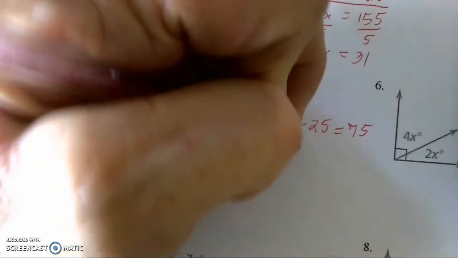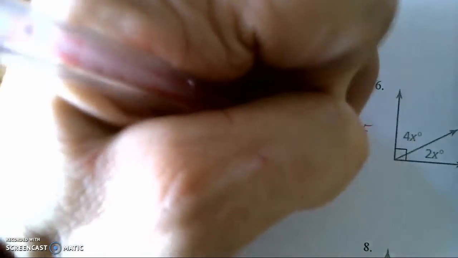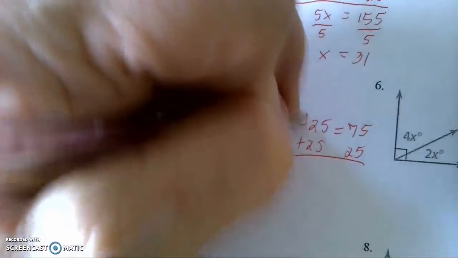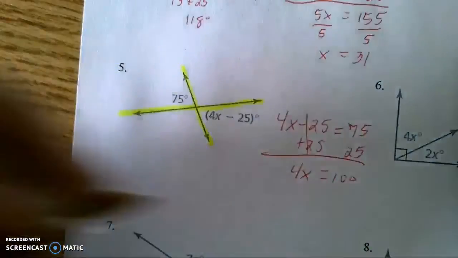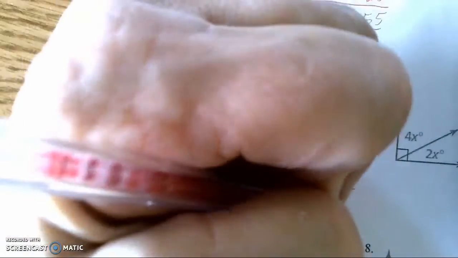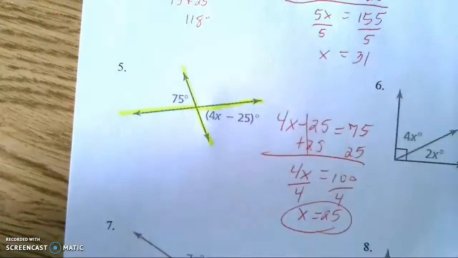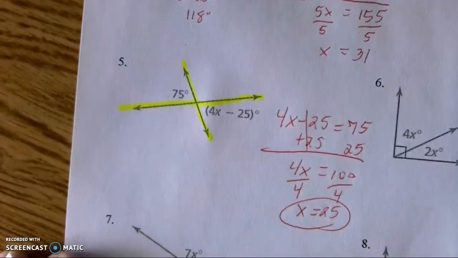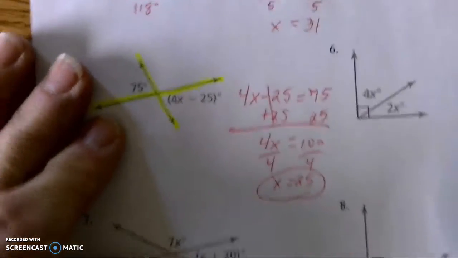Use your inverse operations. Add 25 to both sides. It's going to give me 4x equals 100. Divide both sides by 4. And x equals 25. Now again, 25 is not the angle measure.